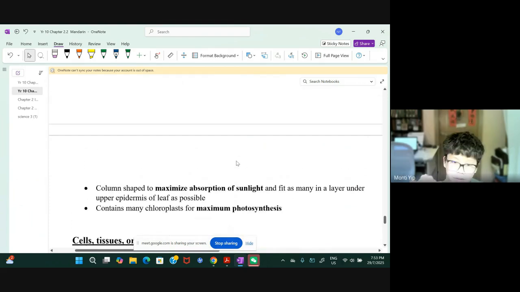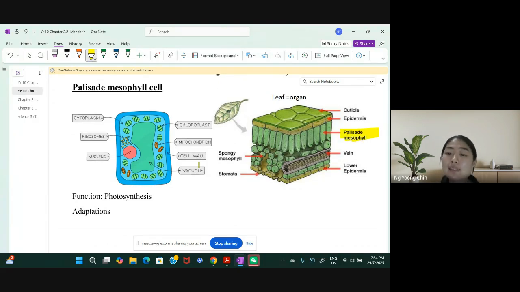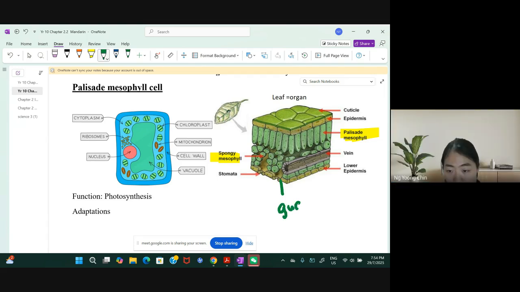So there are three types of cell that contain chloroplast. One is the palisade mesophyll cell, this one. Then the spongy mesophyll cell, and then at the end is the guard cell, which is here.